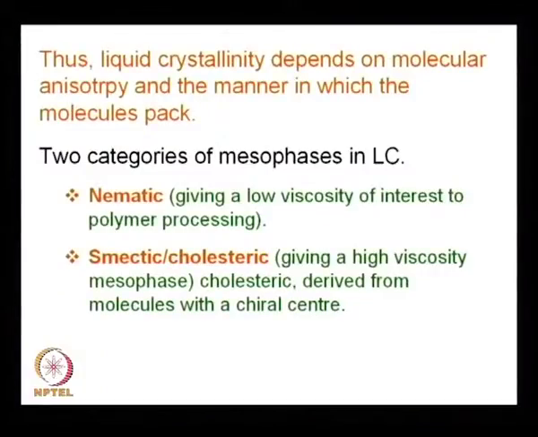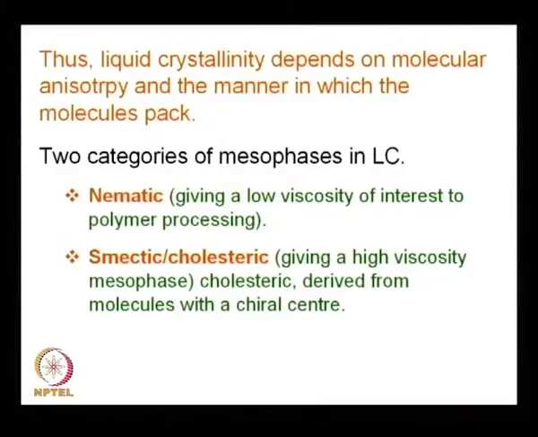By virtue of such configuration, we can get two categories of mesophasic structures in liquid crystalline materials in the liquid phase. One is nematic and the other is smectic or cholesteric.